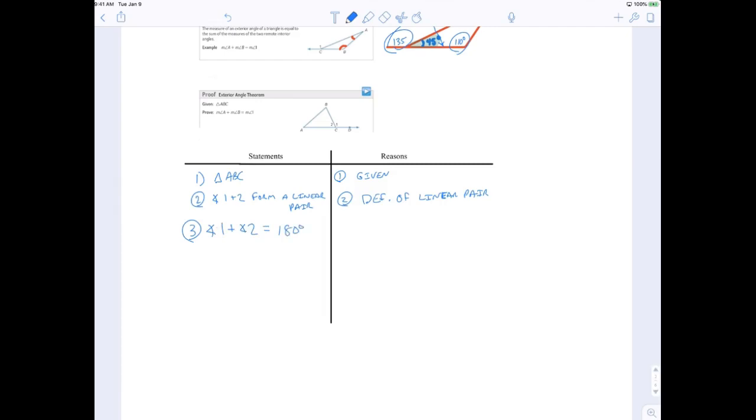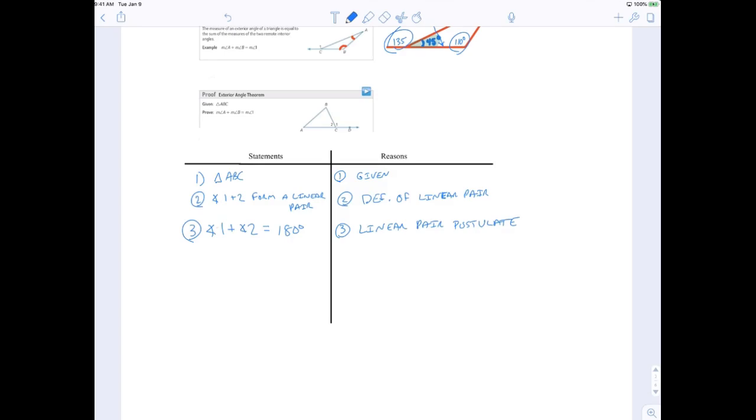And I want you to say that's the linear pair postulate. And to be honest, if you write it in some type of way, I'm okay with that too. Hopefully you understand what I'm saying. That's what I want you to write: angle 1 plus angle 2 equals 180 degrees.